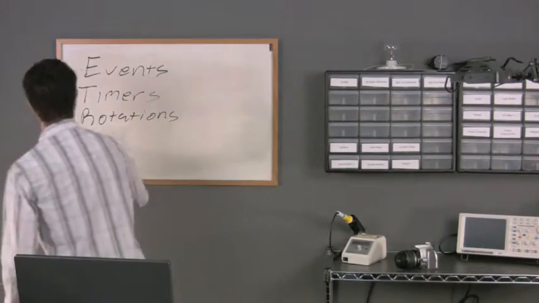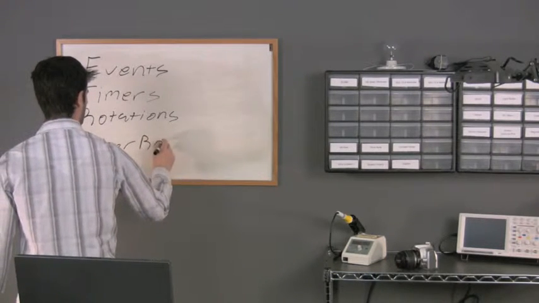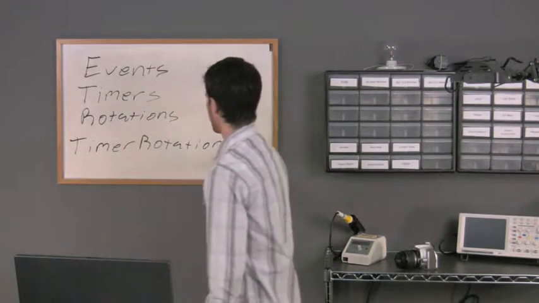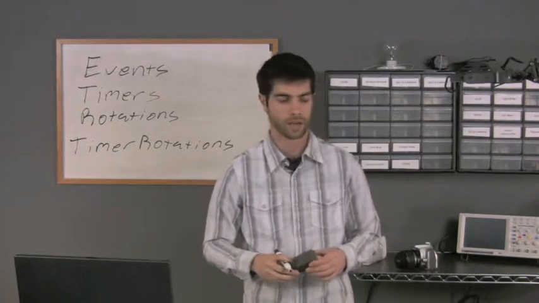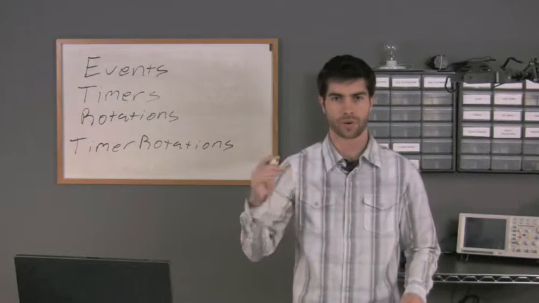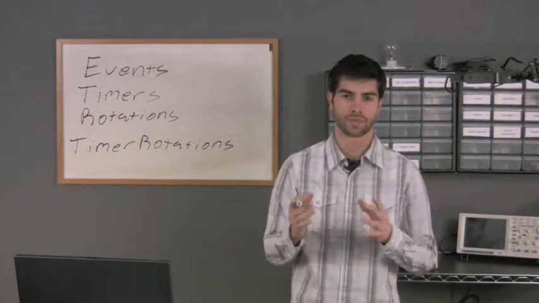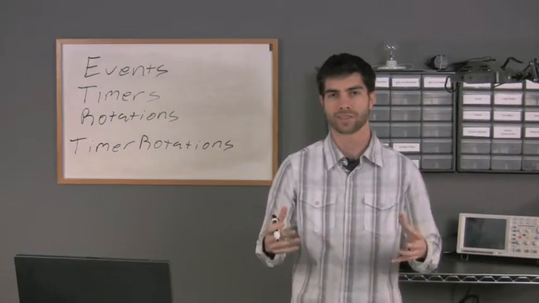And then you've got timer rotations. Okay, we'll go ahead and show you a clip here of a timer rotation running. And it's just going to cycle through a rotation, turning relays on and off and on and off and on and off for a specific amount of time, and then it's just going to stop and all the relays are going to go off. So here's that clip.